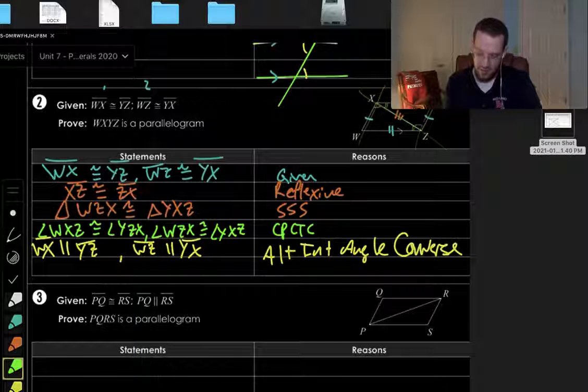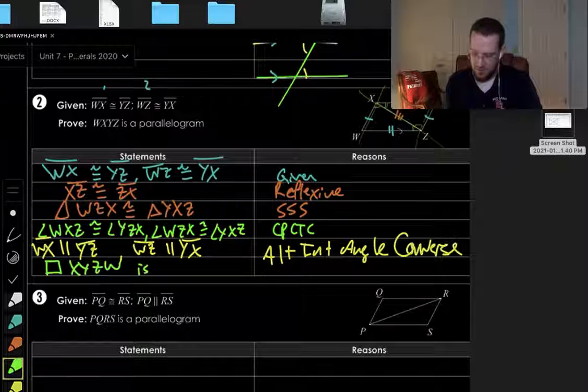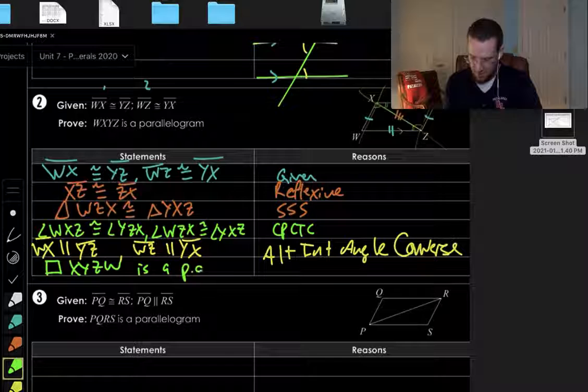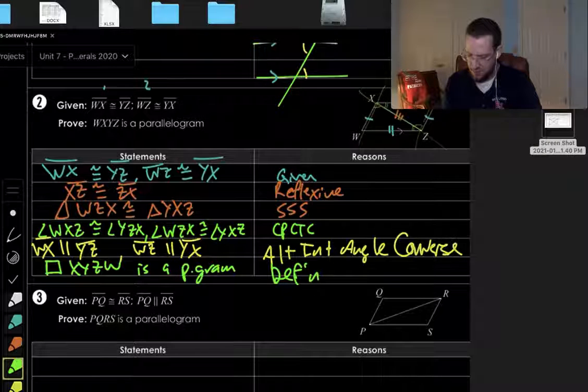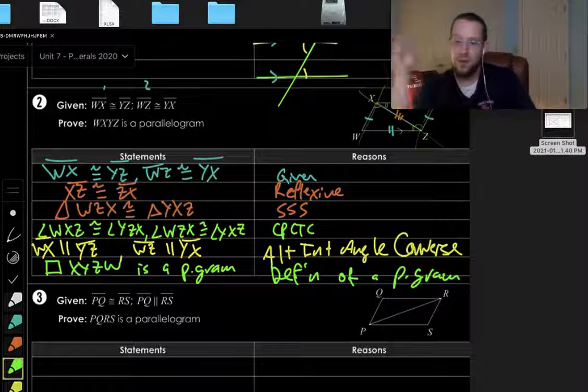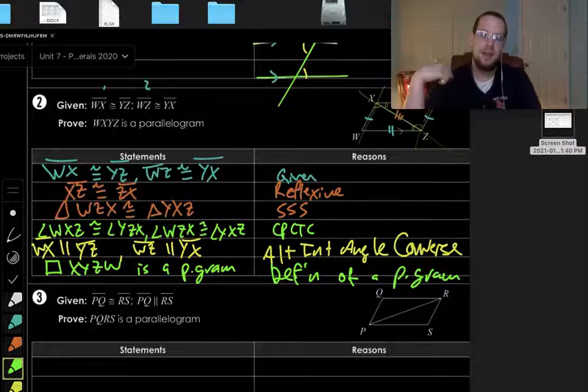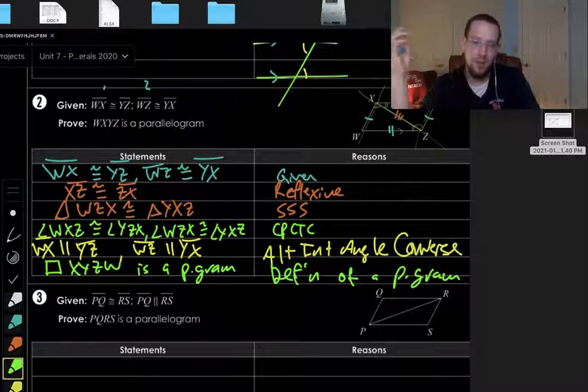So that means that this quadrilateral, this is X, Y, Z, W, is a parallelogram. Why? Well, because that's literally the definition of a parallelogram. If the opposite sides are parallel, then it is a parallelogram. That's what a parallelogram is.